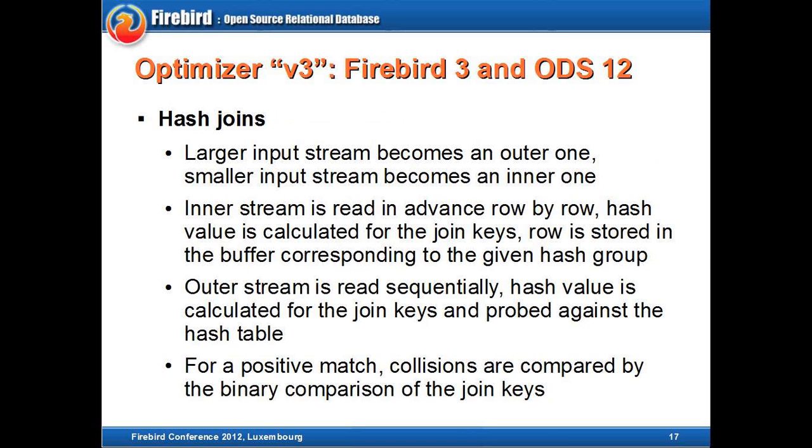Also, well, you could ask why we need hash joins if we have sort merge joins. But sort merge join works only with sorted input streams. If they have already been explicitly sorted via the order by clause, for example, it's going to be the best option.